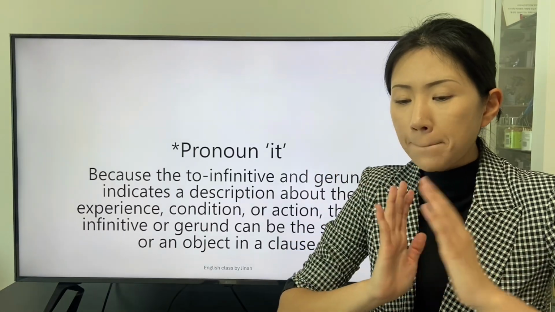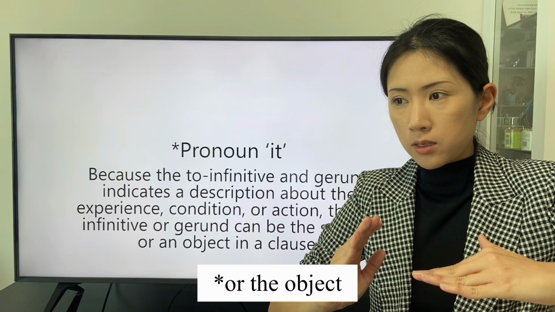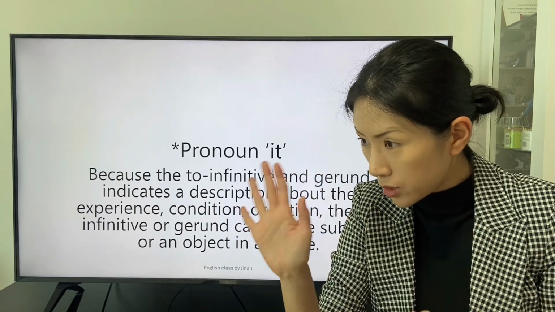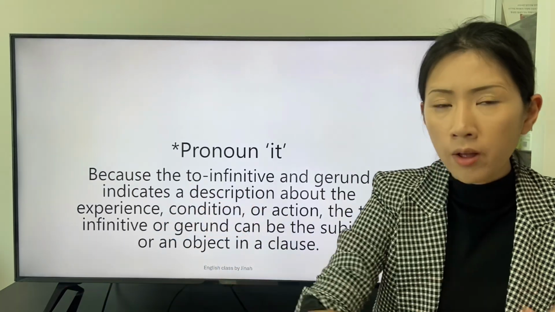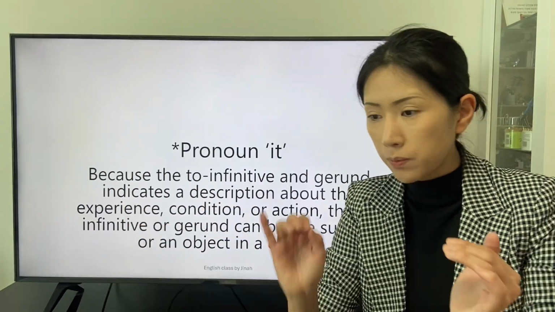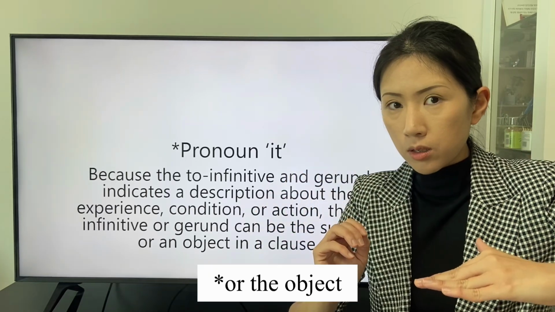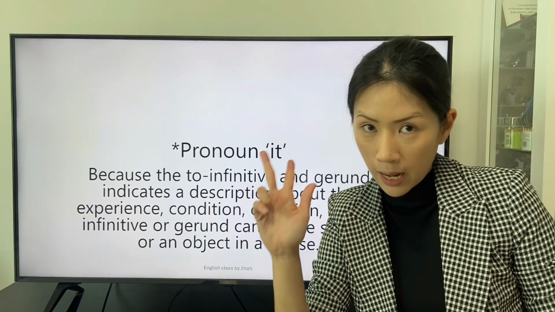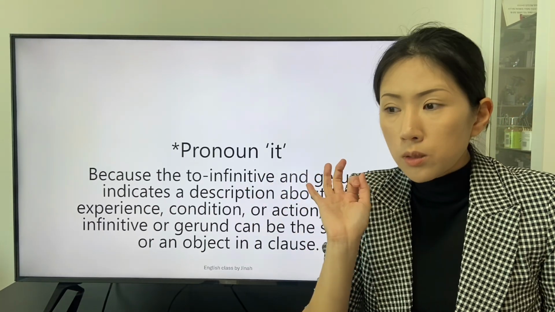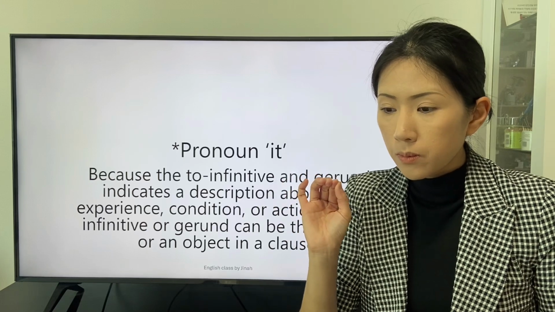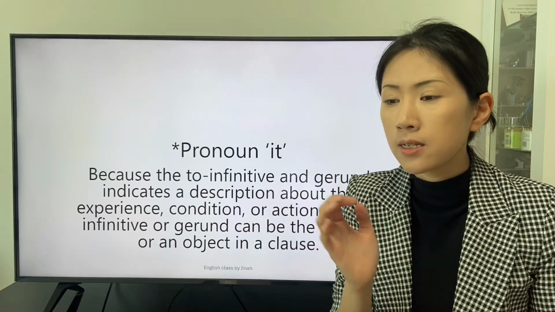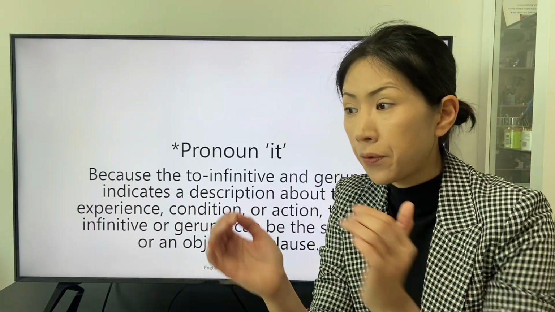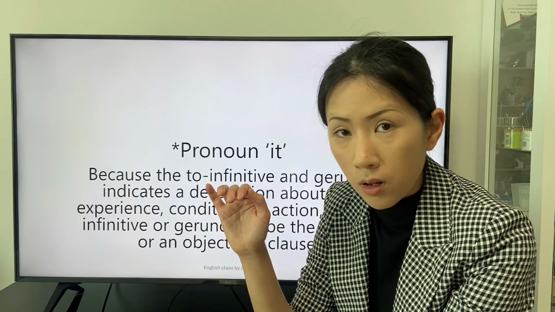The subject to include the indication about the description is ahead of the verb to describe the subject with the description about experience, condition, or action. So the listeners get the indication about the description before the description.